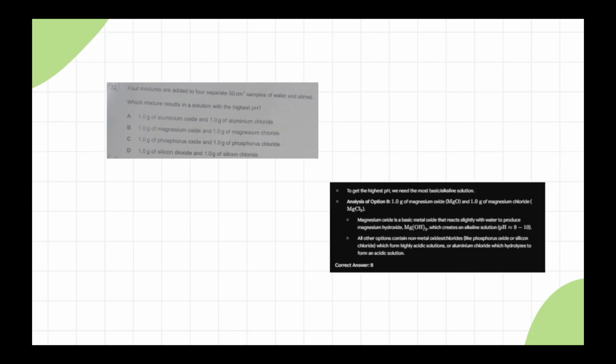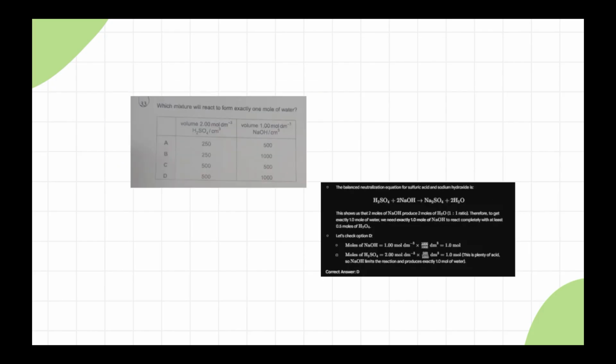Magnesium oxide is a basic metal oxide that reacts slightly with water to produce magnesium hydroxide, Mg(OH)2, which creates an alkaline solution with pH close to 9 to 10. The other options contain non-metal oxides or chlorides like phosphorus oxide or silicon chloride, which form highly acidic solutions, or aluminium chloride, which hydrolyses to form an acidic solution. So the correct answer is B.